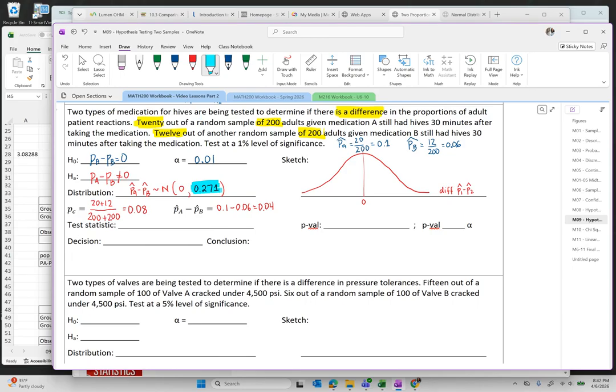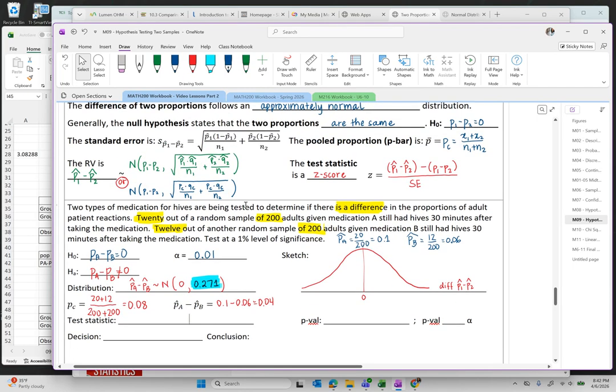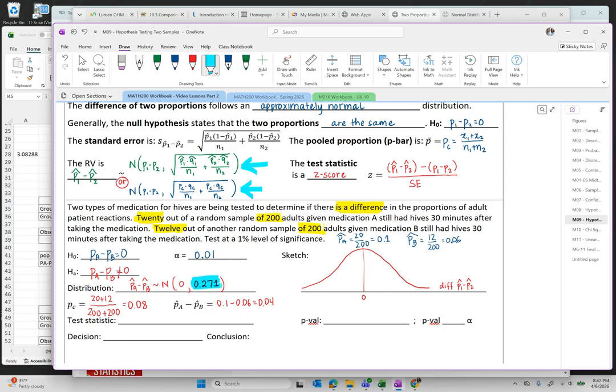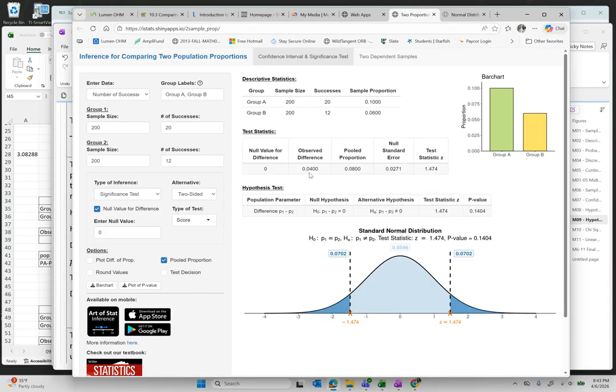We want to know what type of standard error ArtofStat uses. Does it use this quantity that takes into account P1 hat and P2 hat? Or does it use this formula that only takes into account the pooled proportion? So we will investigate that later, but for now let's continue our hypothesis test here in ArtofStat.